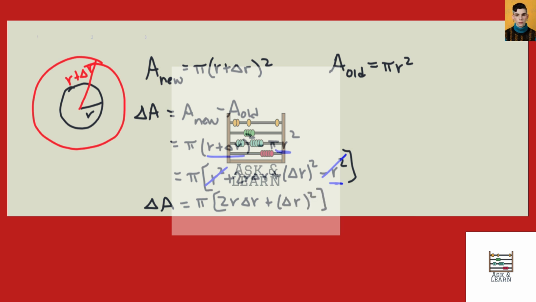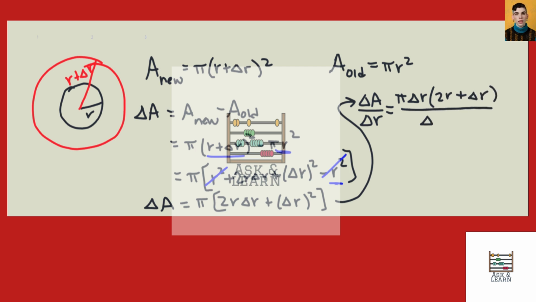Now suppose we were interested in delta A over delta r, change in area over change in radius. We're going to take what we just got for delta A and divide it by delta r. And while we're doing that, let's factor out a delta r. So we have pi times delta r times 2r plus delta r, over delta r.